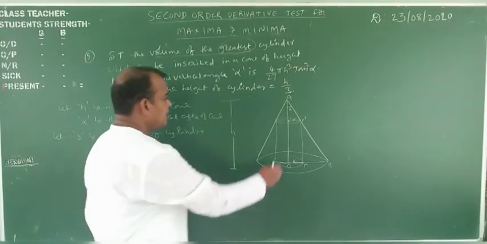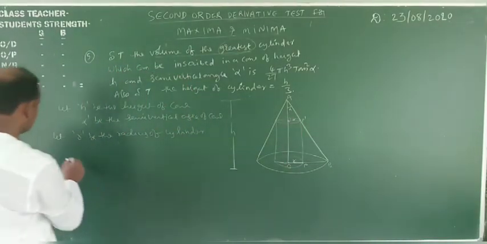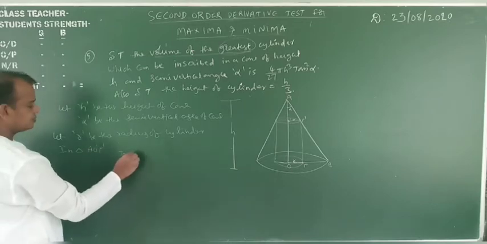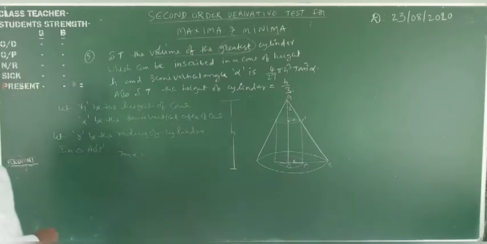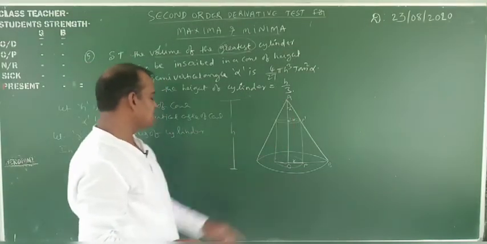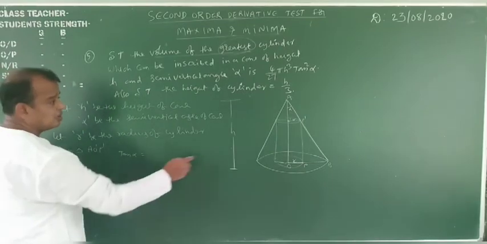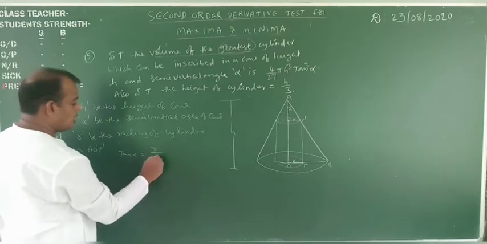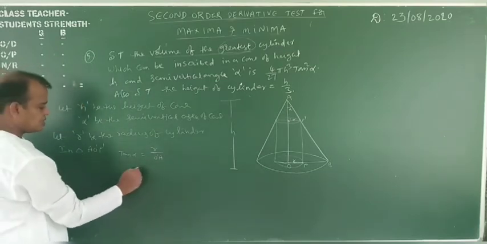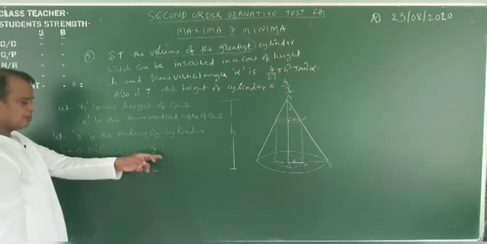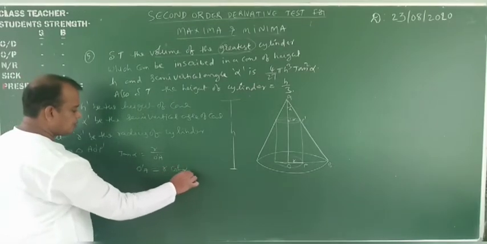That's why, in triangle A O dash P dash, tan alpha is equal to opposite side by adjacent side, that is r by O dash A. From this, O dash A is equal to r by tan alpha, and 1 by tan means cot, that is r cot alpha.